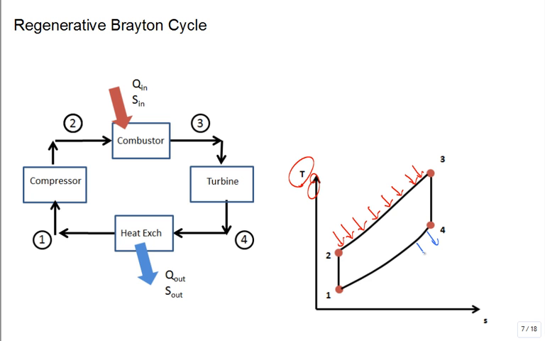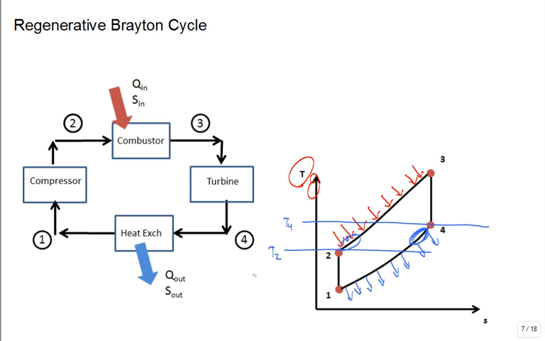From 4 to 1. When you reject heat, you want to reject it at low temperature. You don't want to reject heat to the ambient environment at high temperature. Wasteful. So you're rejecting it at some high temperature, and you're adding heat at a lower one. Let's just draw this straight across. It looks like T4 is greater than T2.